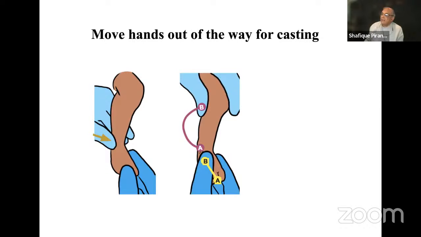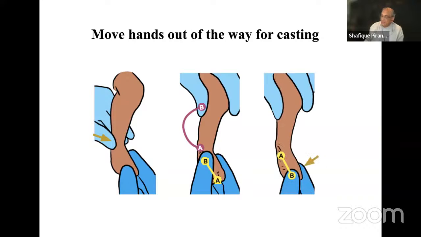So I'm just trying to show you, and I have a little movie also, but the way I get my hands out of the way is I have to get the thumb of my left hand away from the head of the talus. So it goes light blue, and in the purple, A to B. My left hand thumb goes from A to B, but before then, my dark blue thumb, the forefoot thumb, goes from A to B to maintain some counter pressure on the head of the talus.